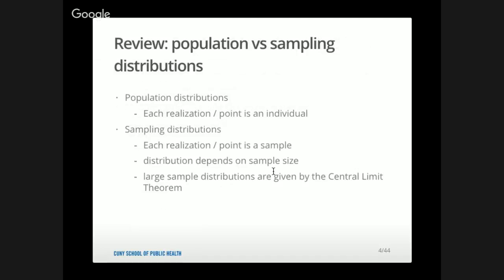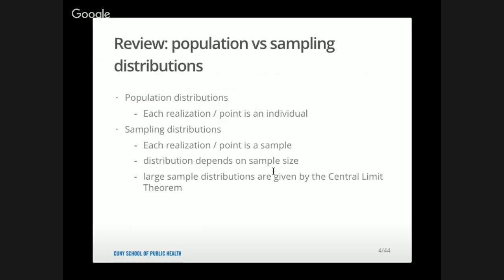So just to review this bit about population and sampling distributions, because it's key to everything that we're doing today. Remember that with population distributions, each point or realization from that distribution represents an individual, whereas with sampling distributions, every realization or point is a sample, resulting in a sampling statistic, and it's a distribution of those sampling statistics.